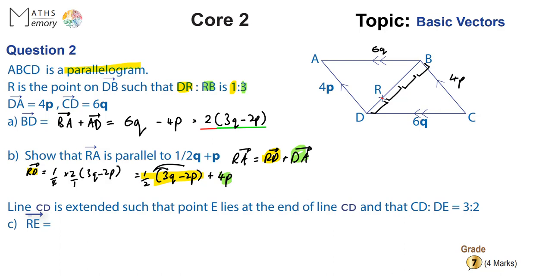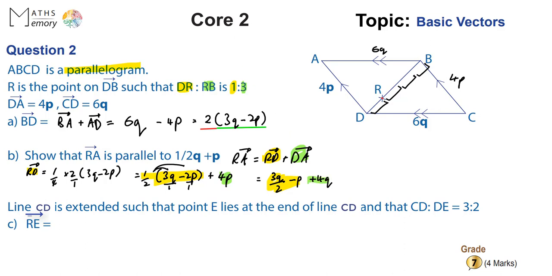So we do half times 3Q. Put a 1 in if you want to underneath it, it'll help you. So it's simply multiply fractions. We're going to get 3Q over 2 minus, now, minus 2 divided by 2 is minus 1, so minus 1P, or minus P plus 4P. Remember, this is over here, the first part, RD, and DA is this over here.